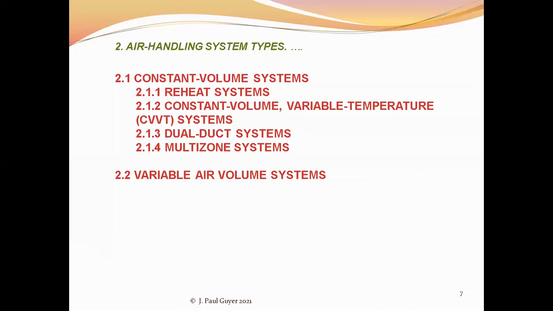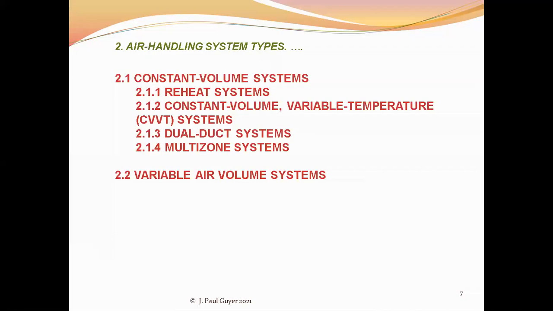So constant volume systems, these are fundamentally the types that you have. Reheat, you're using electric resistance heaters at the point of discharge of the air into the occupied space, and that electric resistance heater is controlled by a thermostat in that space.